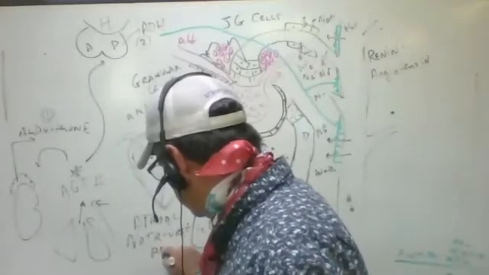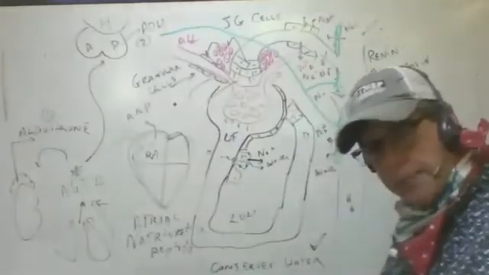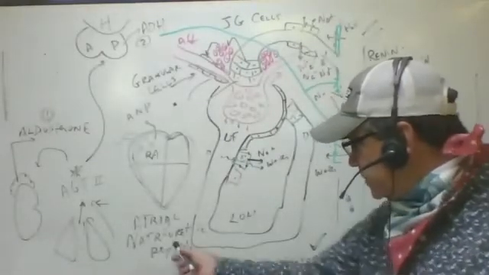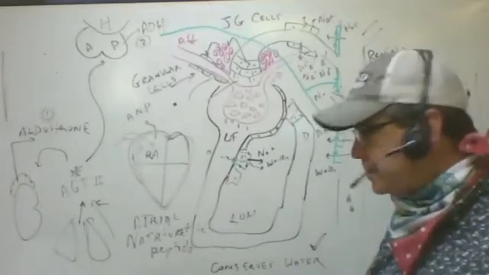Atrial natriuretic peptide. When you have a term that says uretic, that's a hint that what it's going to do is lead to more urination.